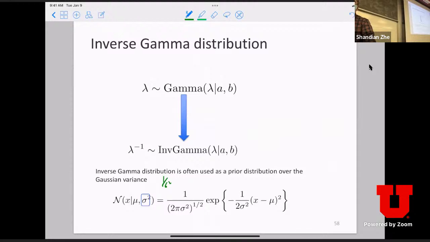It's not convenient, or it's not natural. So people would ask, what if I want to assign a prior distribution over the variance directly, rather than its inversion? Then you can use the inverse gamma distribution. It's kind of the same thing, but one way is you deal with the inverse of variance. The other is that I directly deal with the variance.